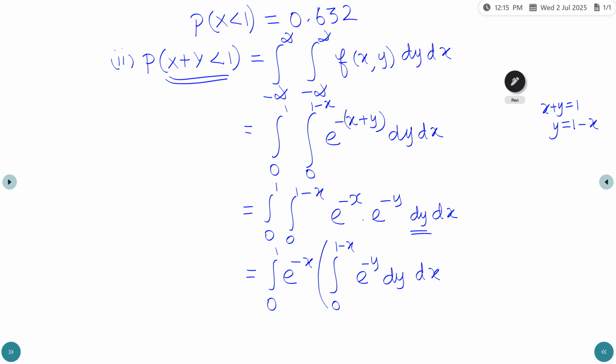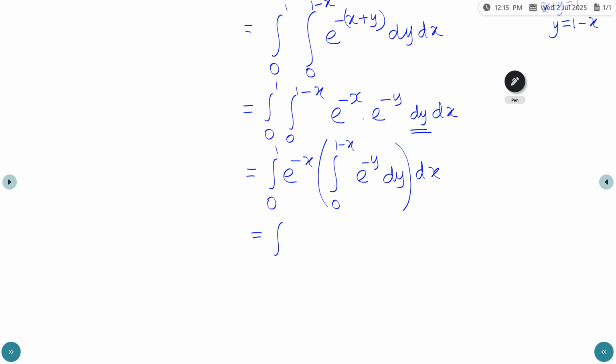So the integration with respect to y term: integral 0 to 1 of e power minus x. The integral of e power minus y with respect to y is e power minus y by minus 1. The upper limit is 1 minus x and the lower limit is 0, dx.